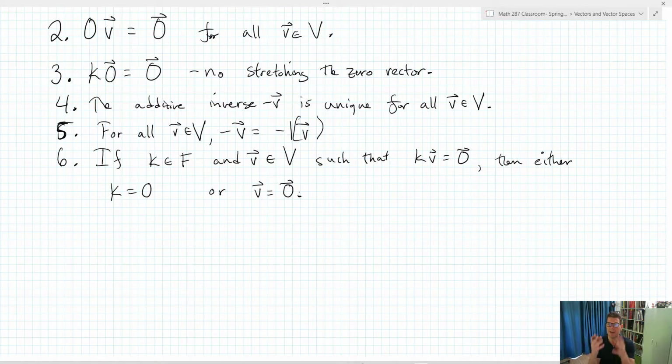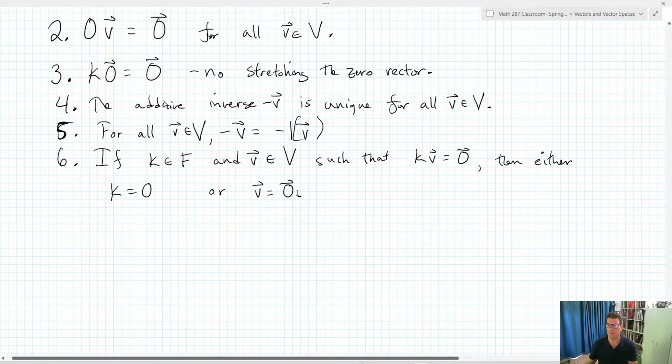It seems really obvious now, but logically speaking, something like this could become really important if we're working through proofs, trying to show that something in fact is true. One of the things I want you to understand here is that we've demonstrated the properties of vector spaces from the perspective of R2 or R3.